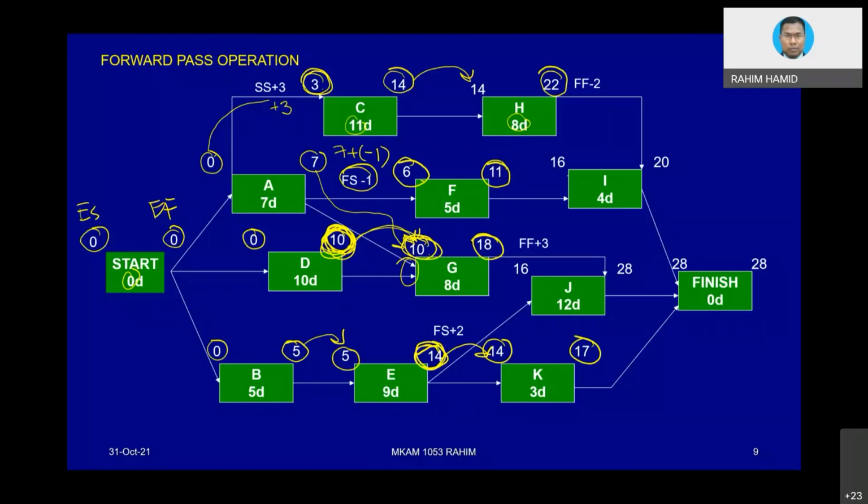I here. There are 2 relationships coming into I, basically from F and then from H. We must evaluate both relationships and see which date will influence the I. Okay, let's say from F. So because it is finished to start, you will transfer this date into this slot. 11.